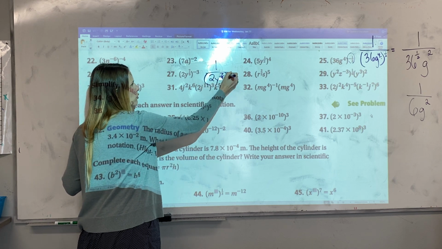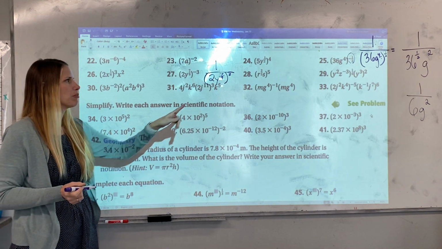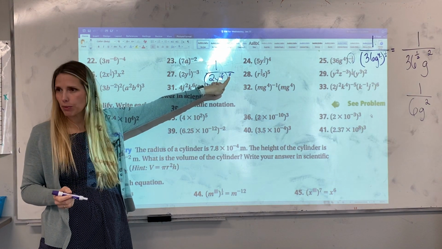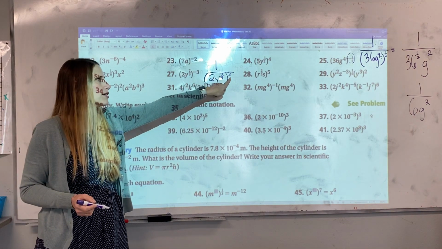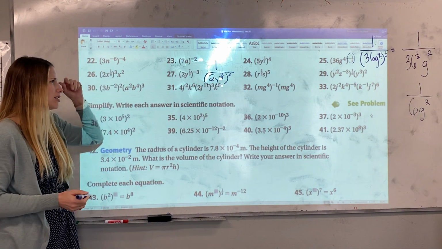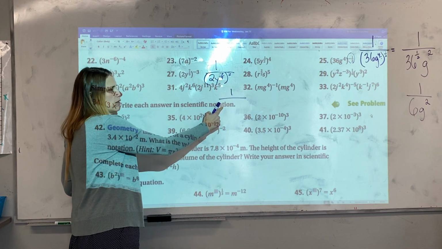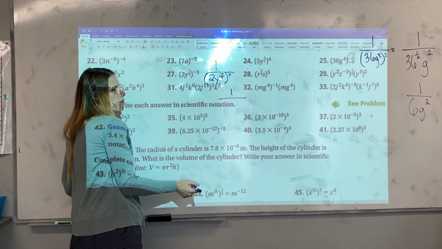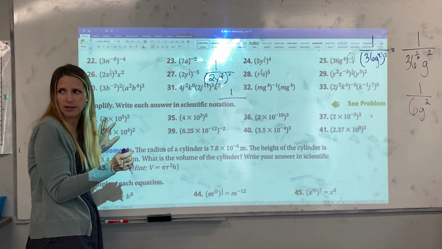put everything in parentheses. Now we can apply that exponent 3 to the 2 and to the y to the 7/9. So it would be 1 over 2 to the 3rd power, which is 2 cubed.